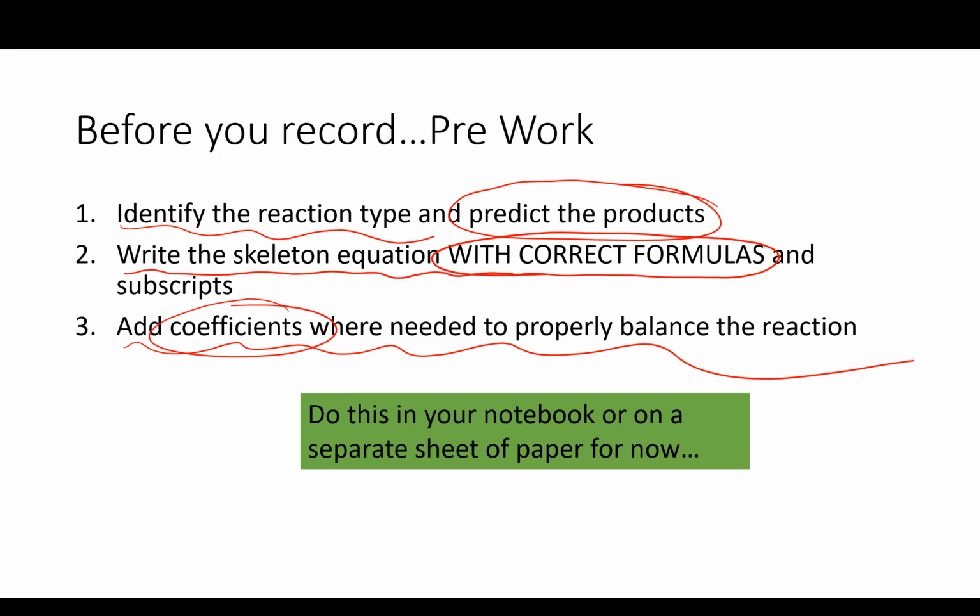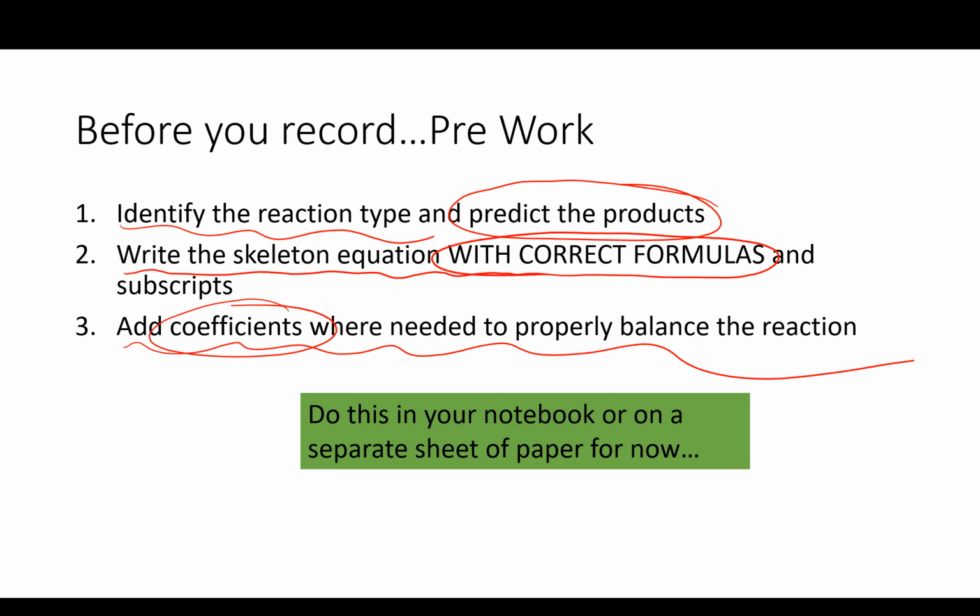You're going to do that on a separate piece of paper in your notebook, go through the trial and error, and figure out how to do it all correctly first. Remember, you've got your notes, and you've got the whole world of the internet at your disposal. You could probably even find tutorial videos for how to do it. Ultimately, you're going to bring this back to us on Flipgrid.